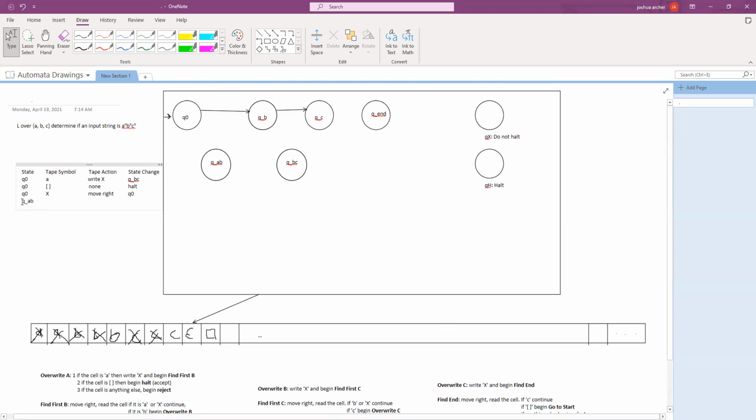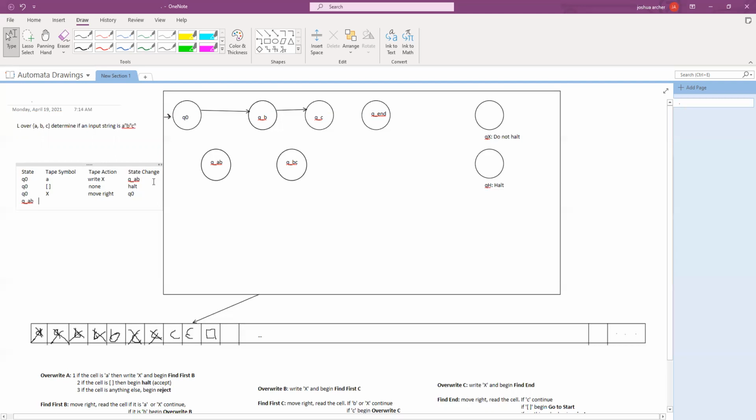What is this state? This needs to read QAB. This is generally the state we're going to be in while we're looking for the first B after we found an A. There's a couple of things we can run into.